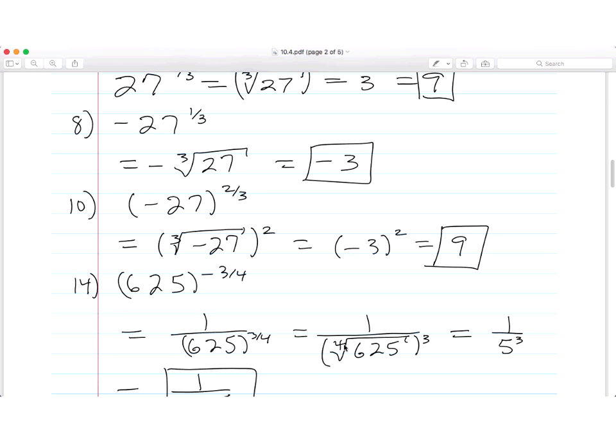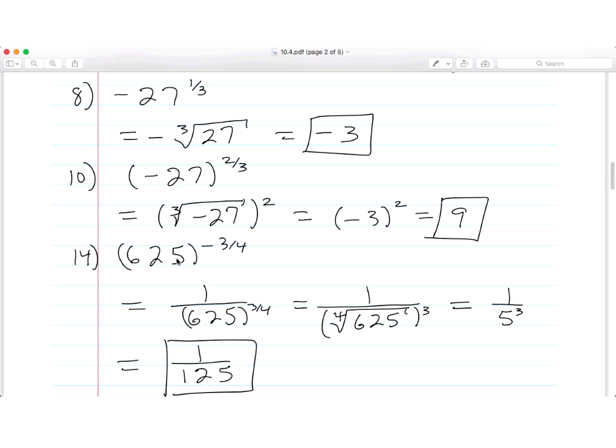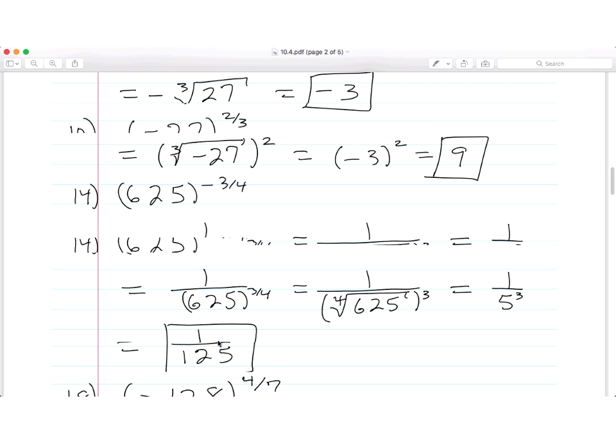Then let's take the cube root. I'm sorry, the fourth root of 625, and then raise that to the power 3. The fourth root of 625 is 5. 5 cubed is 125. Therefore, 625 to the power negative 3/4 is just 1 over 125. And that's your answer.